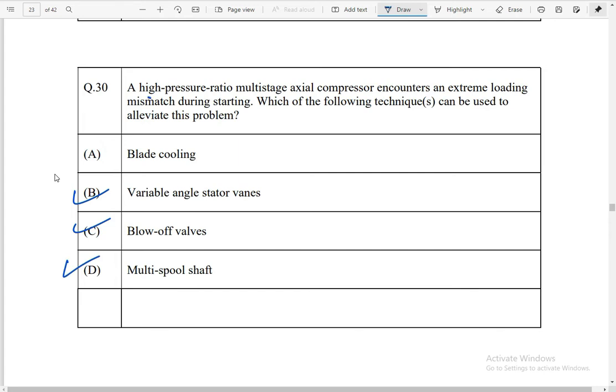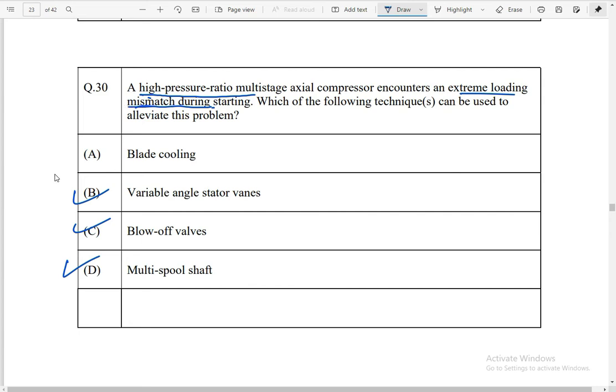So this is the concept from the high pressure ratio compressor and the extreme loading mismatch during starting. Due to extreme loading, what will happen?